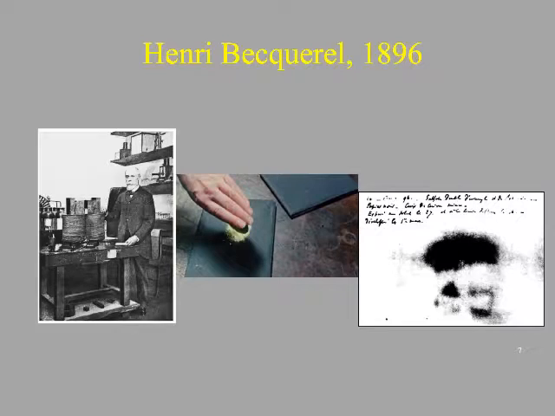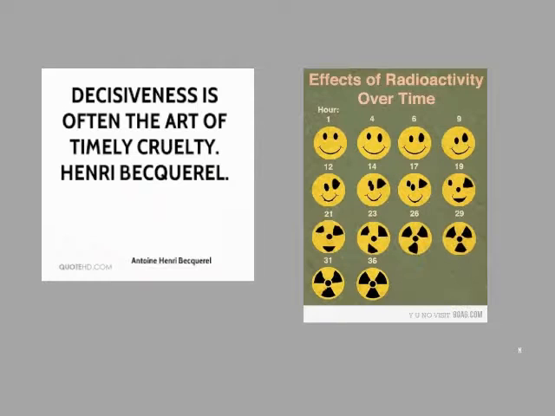Henri Becquerel did his experiment the next year, within just a few months of Röntgen's experiment, and discovered that uranium salts could cause similar exposure to photographic plates. We start to see the beginning of people questioning the power that this has: is it completely safe?